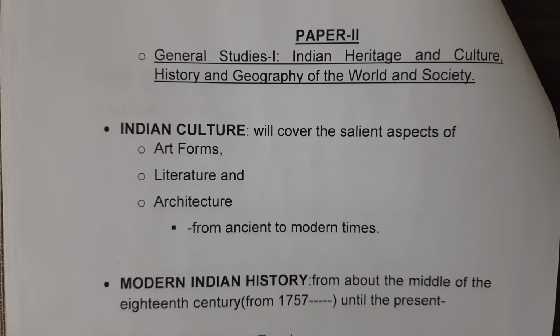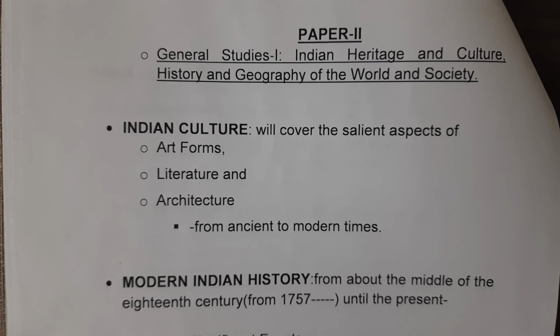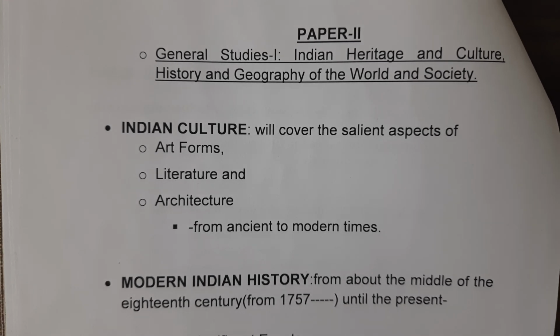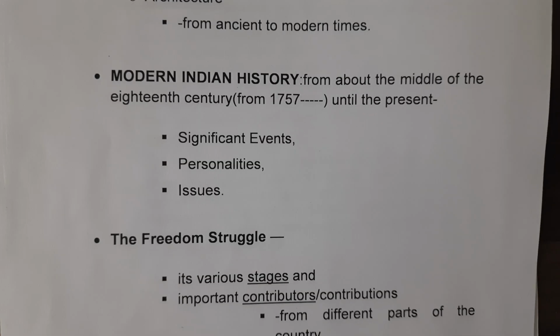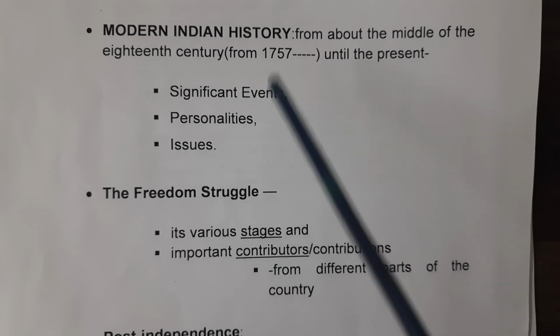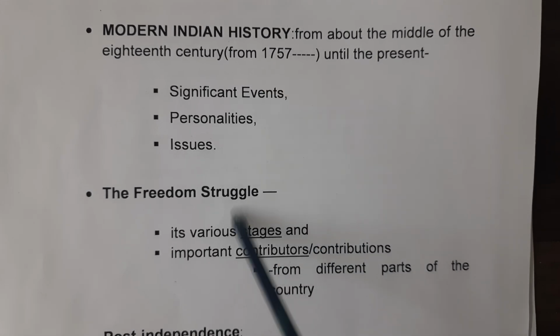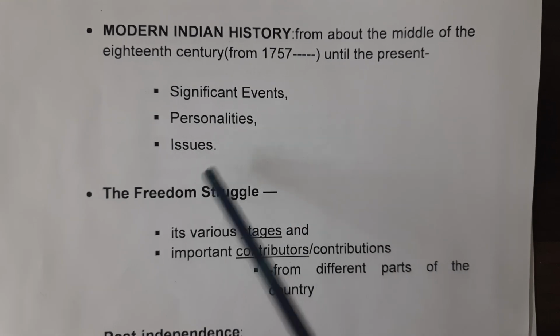The next topic is the freedom struggle: its various stages, and important contributors or contributions from different parts of the country. Modern Indian history and the freedom struggle are generally a combined topic, as these two have a lot in common. If you go through modern Indian history, it will cover the freedom struggle.